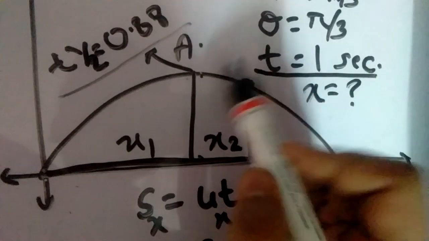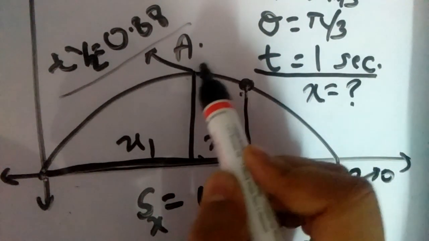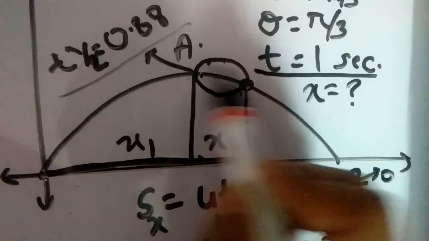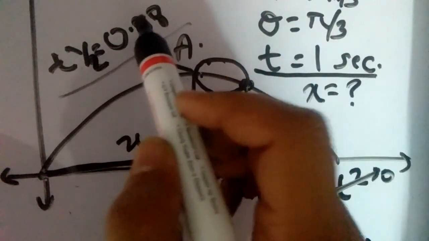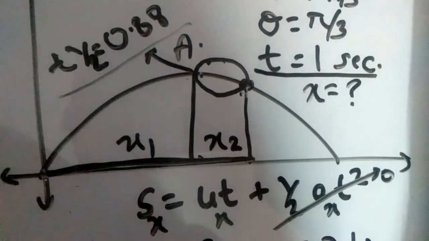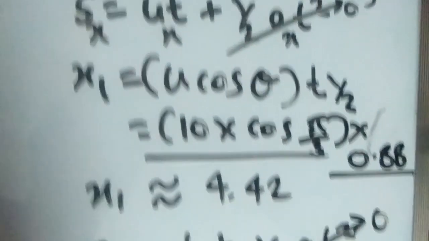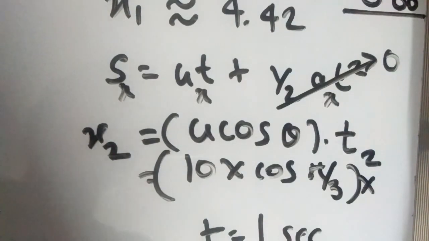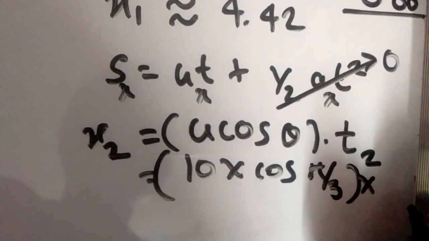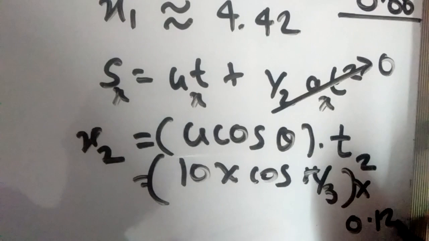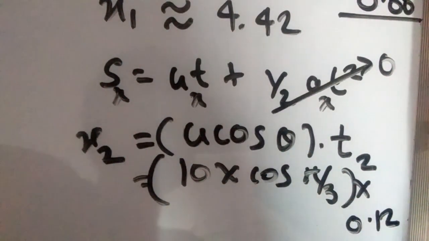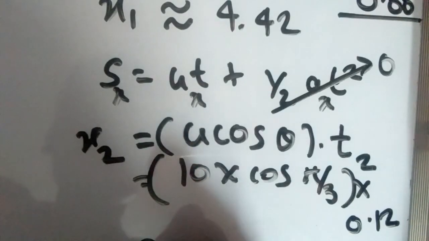If you subtract both numbers, you will get the time within this interval. So t2 equal to 0.12, and in place of t2 I will write 0.12.